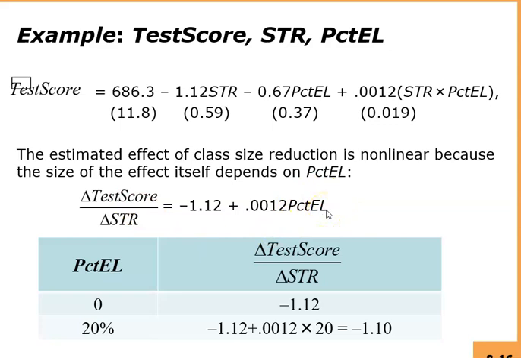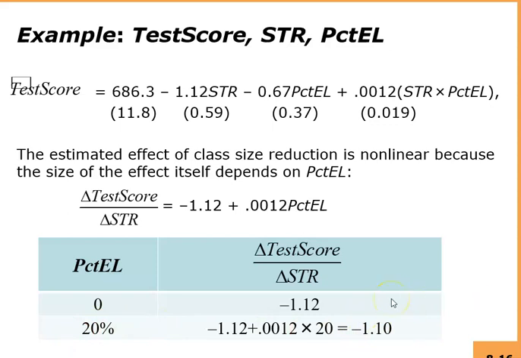So essentially this shows that the relationship between student-teacher ratio and test scores now depends on the percentage of English learners in the classroom. So what will be the slope or the effect of student-teacher ratio on test scores when the percentage of English learners is 0 in the classroom? When we plug in this value into this expression over here, we get minus 1.12. On the other hand, if the percentage of English learners in the classroom is 20% and we plug that into this expression in order to find the effect of student-teacher ratio on test scores, we get an effect of minus 1.10.